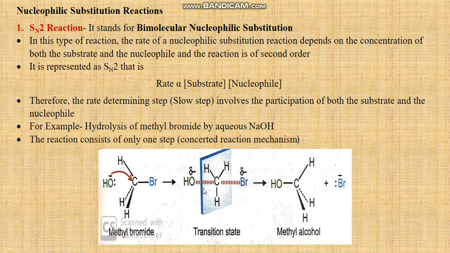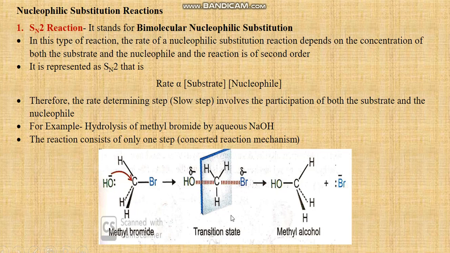In this type of reaction, the energy required for the breaking of the bond between carbon and bromine atom is partially provided by the energy released by the formation of the bond between carbon and hydroxide ion.